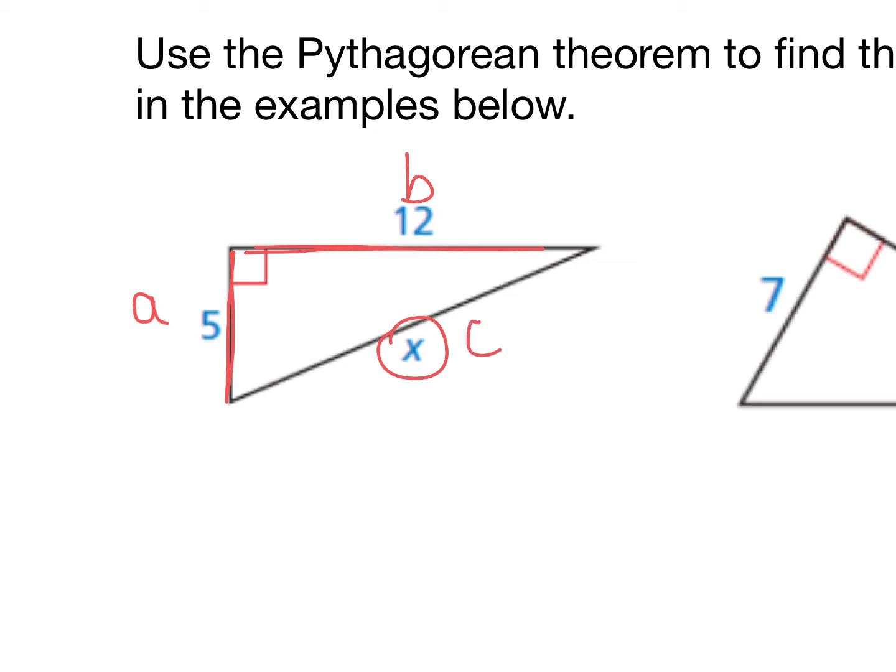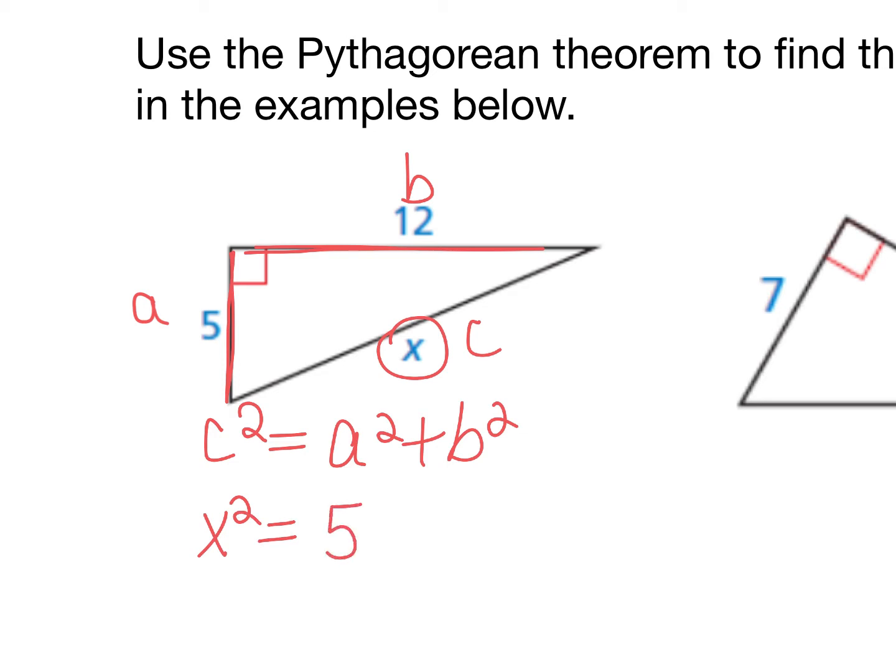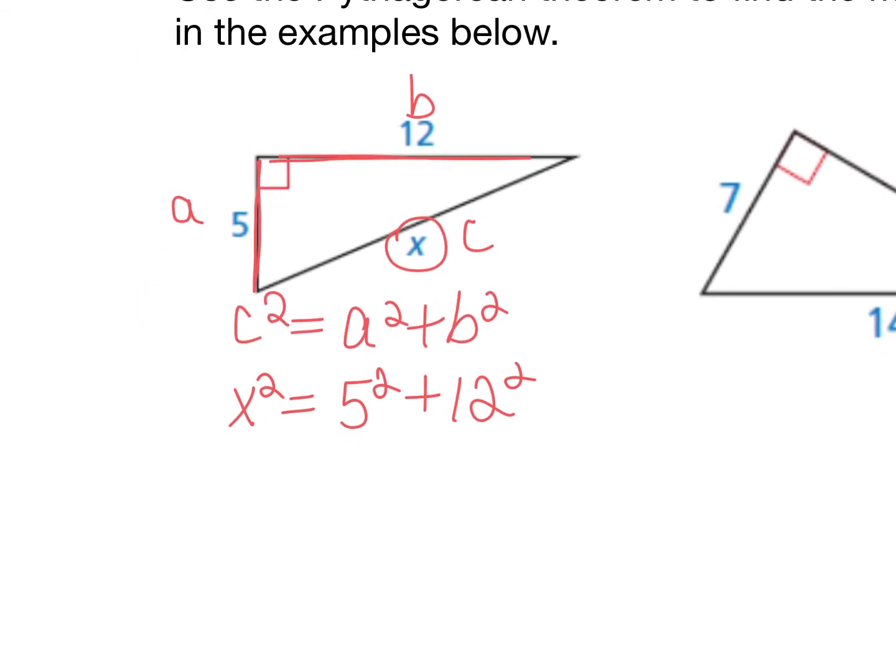So I am going to use my Pythagorean theorem, c squared equals a squared plus b squared. Well, C we said was X, so x squared equals 5 squared plus 12 squared. A little bit of this you can actually do in your calculator. If you add 5 squared plus 12 squared, you get 169. Then our last important step that we can't forget is that we don't want x squared, we want x.